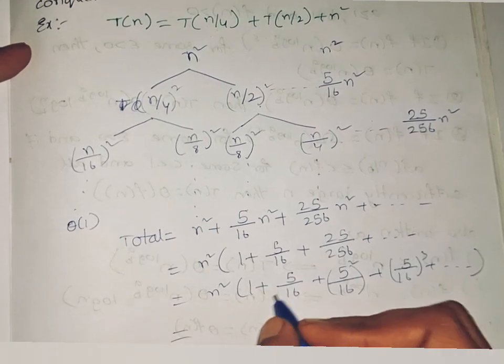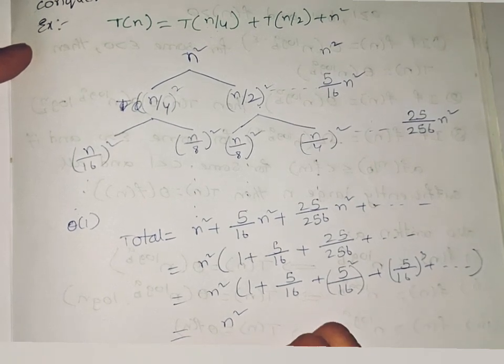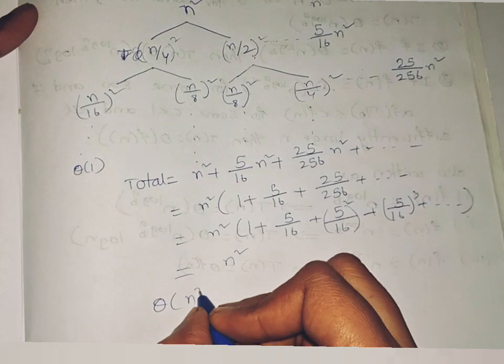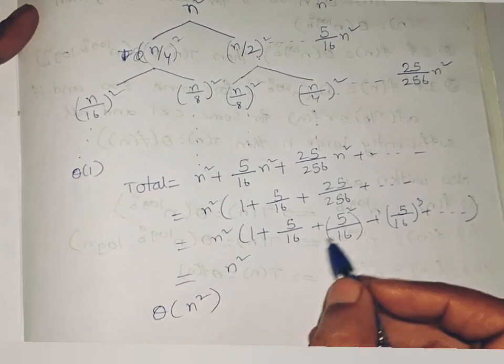This is in the format of a geometric series, so the time complexity here is theta of n^2.